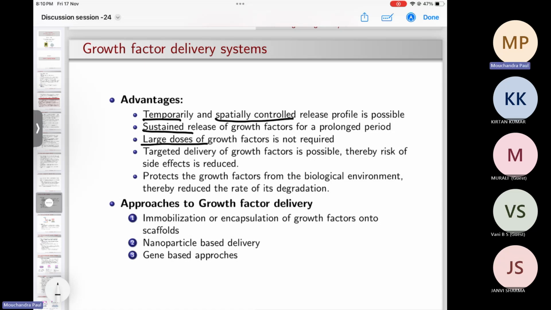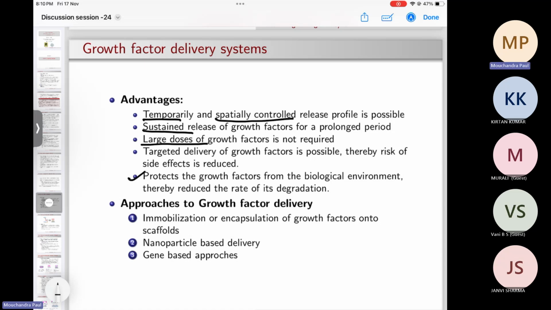Also, the encapsulated way of delivering growth factor will protect your protein from the proteases in the body and prevent its degradation, or reduce its rate of degradation. So that is another advantage of using these kinds of delivery systems.